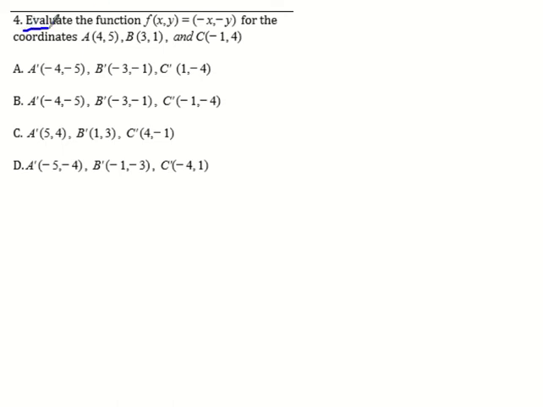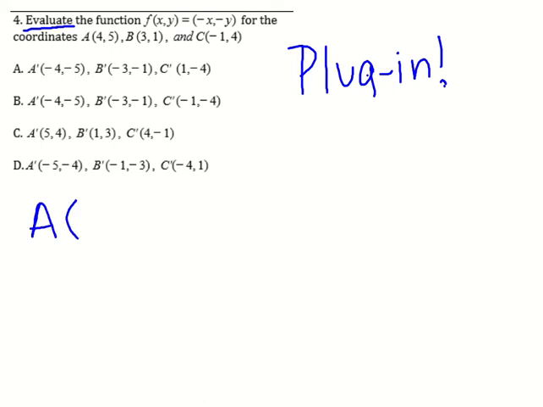Evaluate the function. Evaluate means plug in. So I'm going to take the A value, which is (4, 5), and I'm going to plug it into our function, (negative x, negative y).